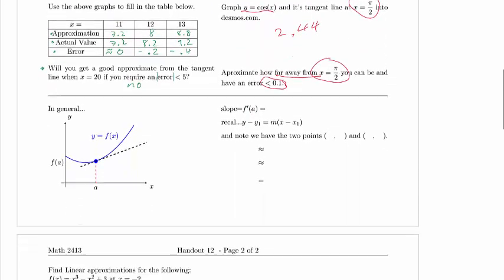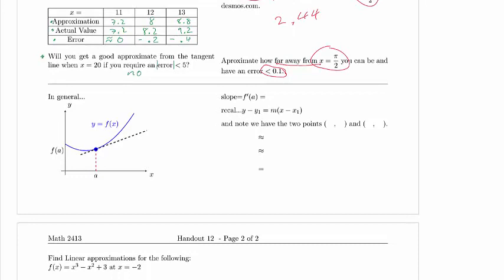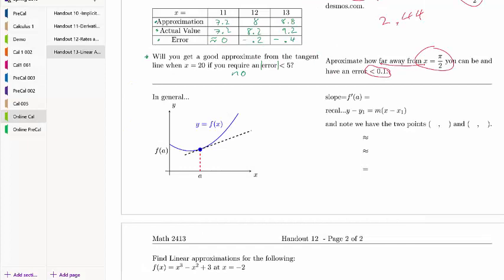All right, so let's get to this part right here. And here we're going to develop a more rigorous formula to determine a linear approximation. So we recall that the slope of a line is the same as the derivative of the line.